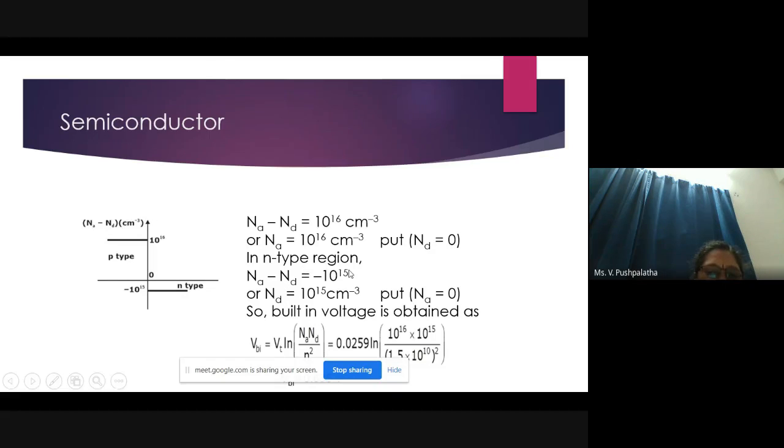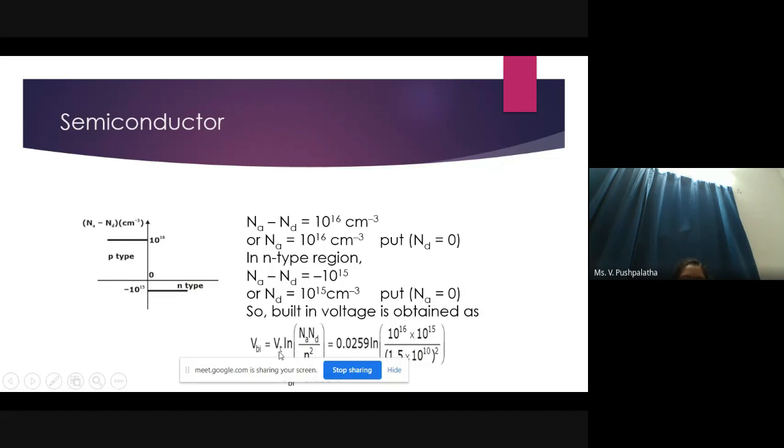In the N-type region, Na minus Nd equals minus 10 power 15 per centimeter cube, or I can write Nd equals 10 power 15 per centimeter cube. The reason is that the acceptor concentration Na is 0 here. Now your built-in voltage is Vt ln NaNd by Ni square.